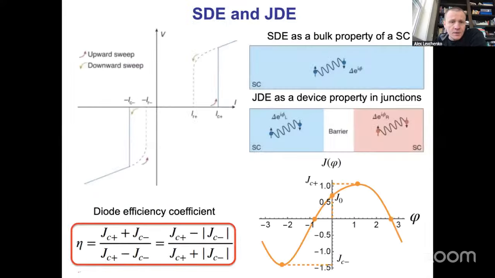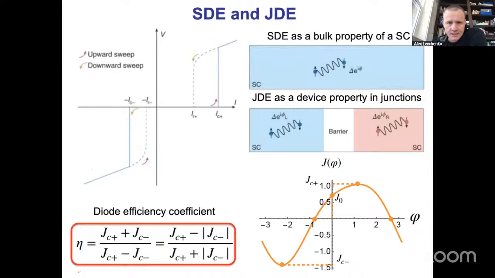Okay, so first let me give you just an operational definition of what I will call superconducting diode effect, or very closely related to it, Josephson diode effect. This is, in essence, the same phenomenon, but realized either in a bulk of a superconductor or in a Josephson junction. So suppose that we would look at the current-voltage characteristic of a superconductor under the current biased condition.